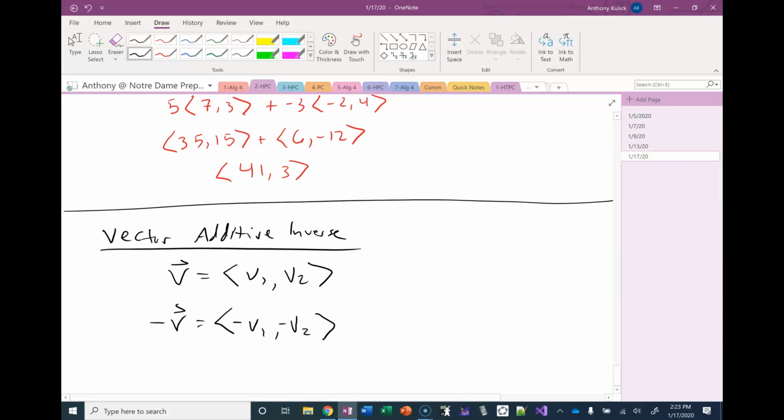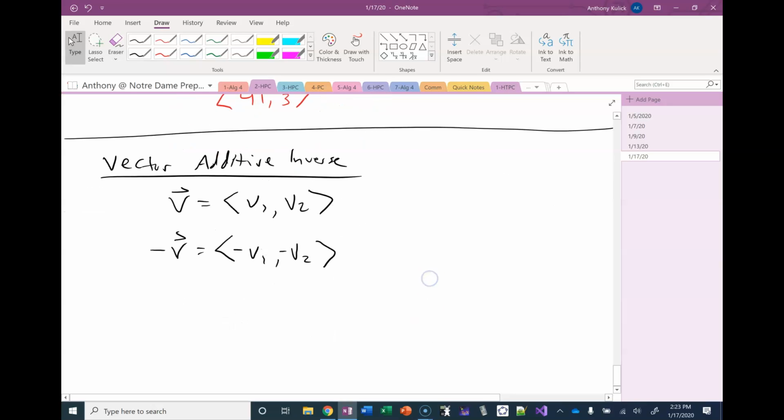Works exactly as you'd hope it would, right? Why is this going to work as a vector additive inverse? When I add the two component forms together, what do I get? 0, 0, which is the 0 vector, right? So it works exactly like we'd hope.